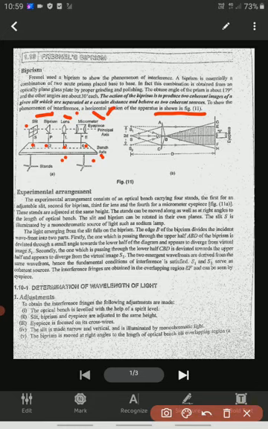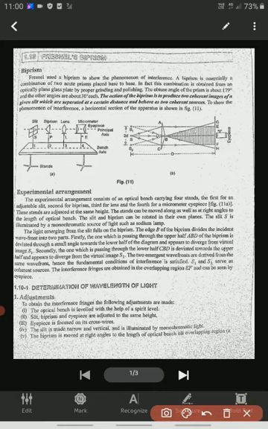The stands can be moved along the length of the optical bench as well as at right angles to it. The slit and the biprism can be rotated in their own planes. Next, we illuminate the slit with a monochromatic source, a sodium lamp.